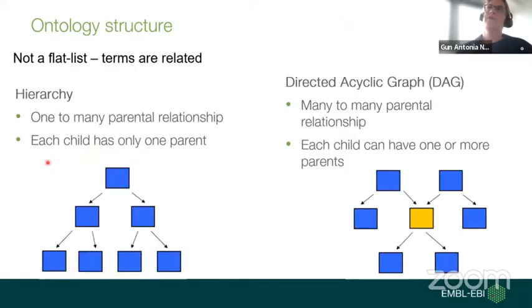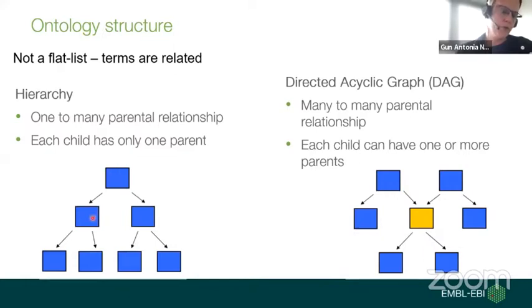So the ontology is not a flat list. Terms are related to each other. And basically in ontologies, you can get different structures. So in a hierarchical ontology, you may have one-to-many relationships.